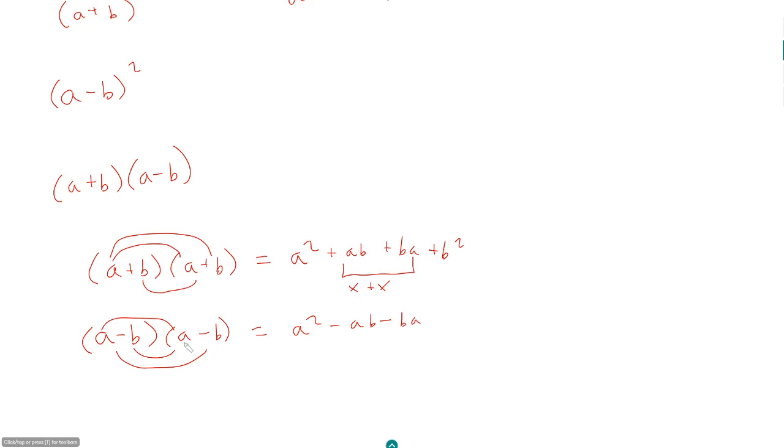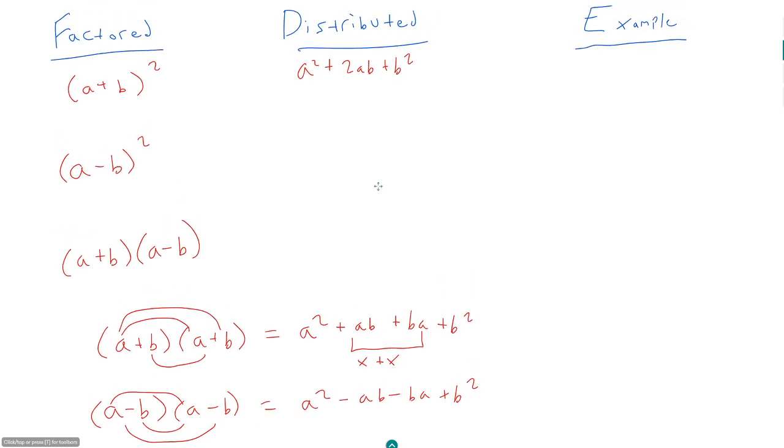And then we have negative b times negative b, so that is going to be plus b squared. And so when simplified, this gives us a squared minus 2ab plus b squared. But the only difference here is our middle term.